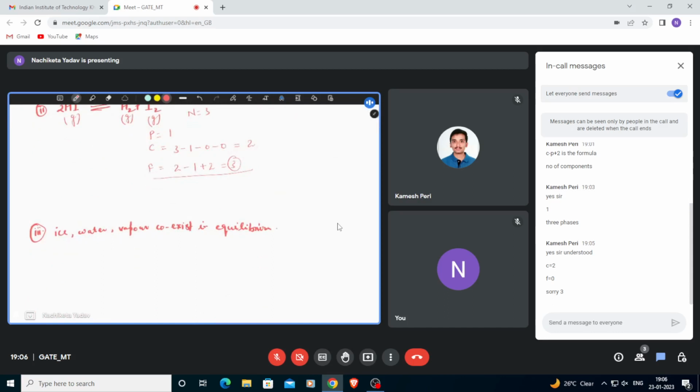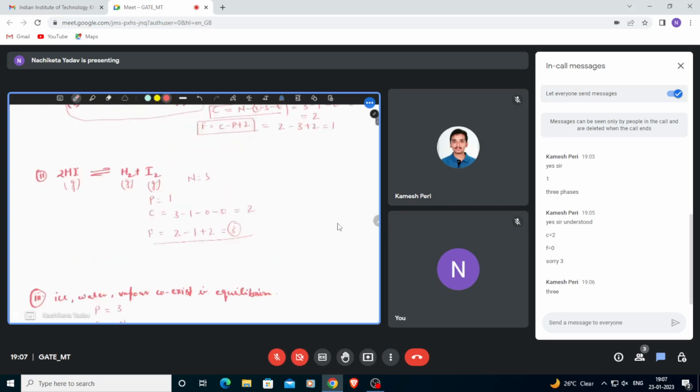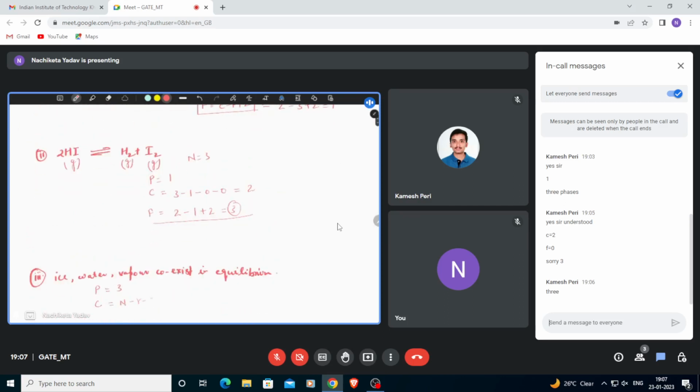How many phases are there? What is the P value? And the C value? N minus R minus S minus T. The species is 1 only, so N is 1. R, S, and T are all 0. So the C value will be 1.